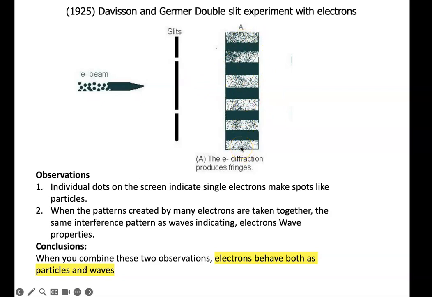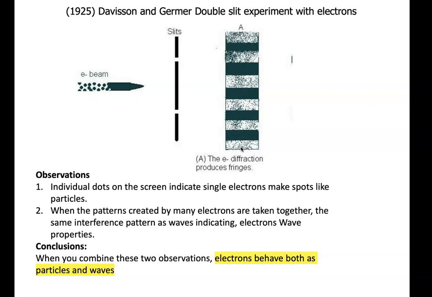So the observations show that individual dots on the screen indicate that single electrons move like particles, just like in the video we saw when you had the weak intensity light, you saw dots.